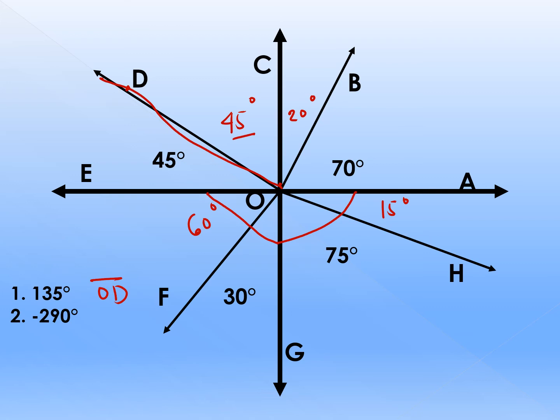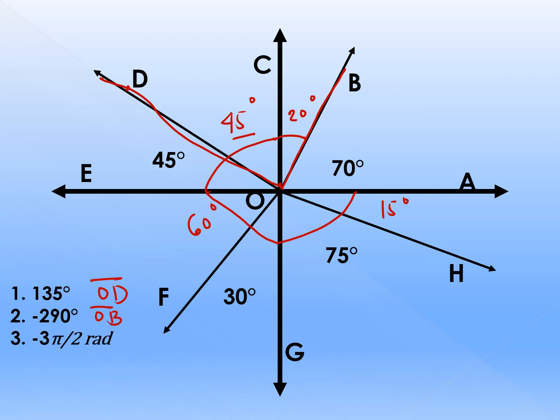So 180 plus 90, the answer is 270. Still, we need another 20, and that's this one. So 270 plus 20, that's 290. So therefore, this is the angle for negative 290 degrees. And the terminal side is this one. So therefore, the terminal side is segment OB.